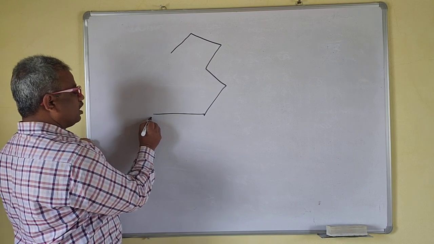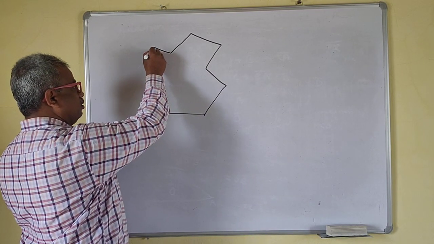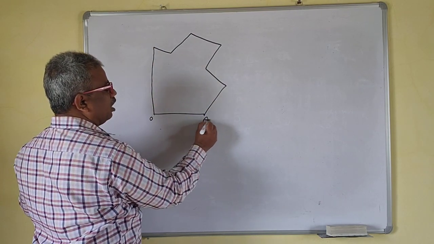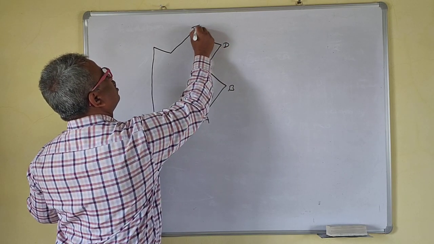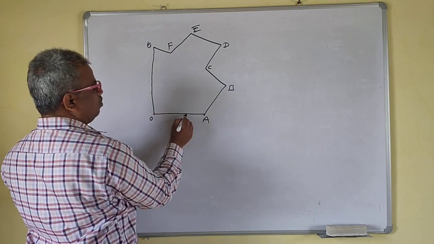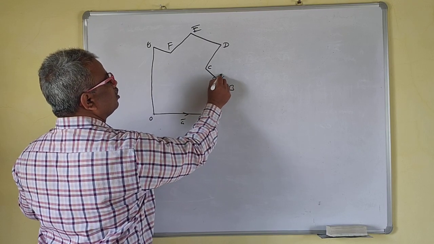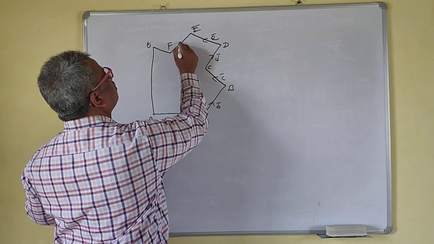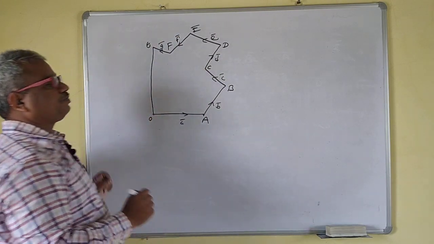Suppose we are starting from O, and these are A, B, C, D, E, F, and this is G. Now suppose this is A bar, this is B bar, C bar, D bar, E bar, F bar, G bar.